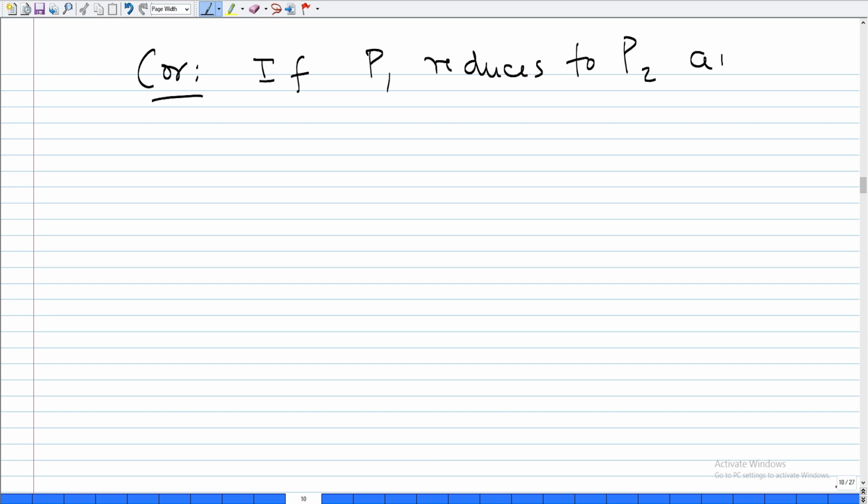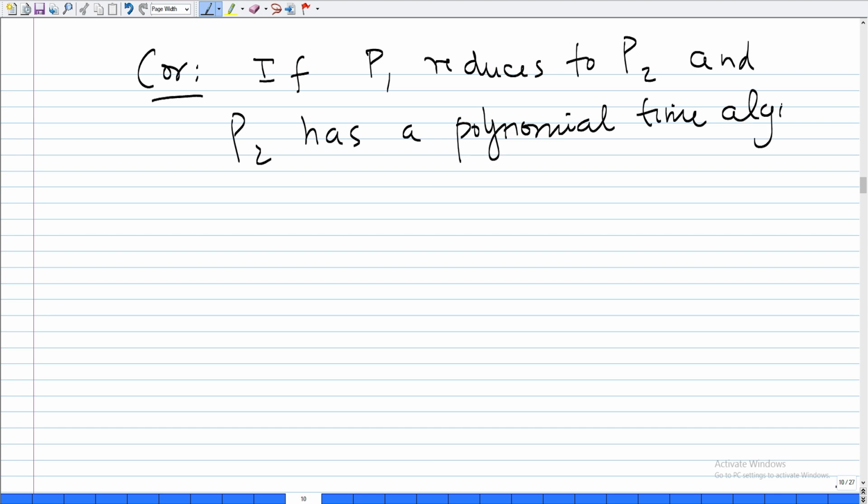Because a corollary of this is that if P1 reduces to P2 and P2 has a polynomial time algorithm, then P1 has a polynomial time algorithm.